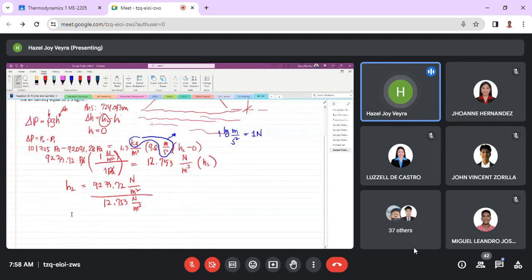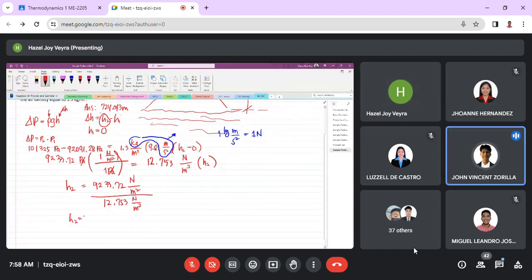And what's the answer? H2. 724.042. Correct. So we'll have 724.043 meters. So this is the height of the mountain.